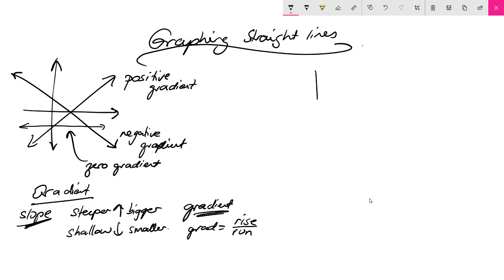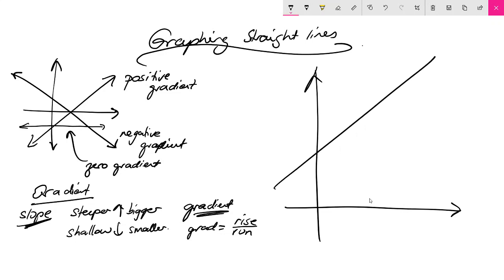So if we have a look on a bigger graph, this is a line that has a positive gradient. If we look at how much it goes across, which is the run, and then how much it goes up, that's the rise, that gives us a definition of how steep that line is. So the gradient is a ratio between the rise and the run.